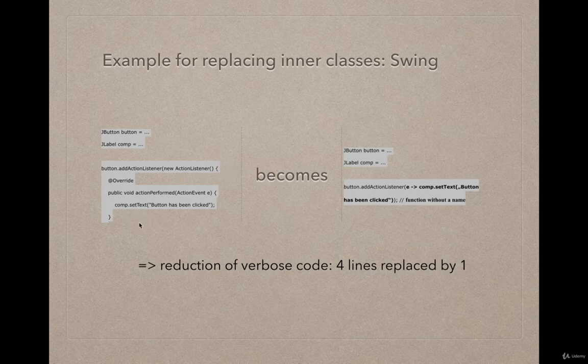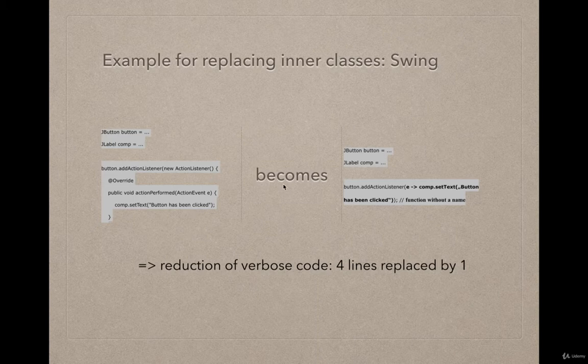Here you implement the actionPerformed method, which has an ActionEvent parameter, and inside you set the text of the JLabel. You know that this method is invoked whenever the button is clicked. So whenever you click the button, the label will have this text.